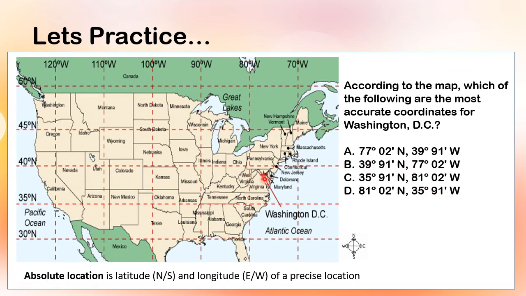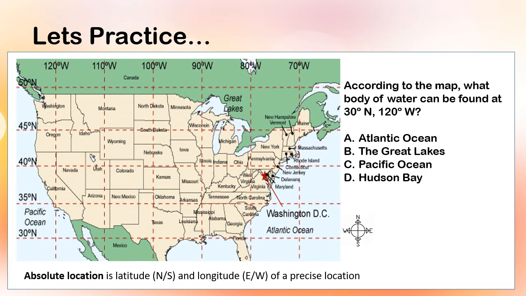If you look here, we do the north-south first, so we look right here, and it's just a little under 40, so it's 39.9. And 77, right in here, 77 degrees west. So the answer is B.